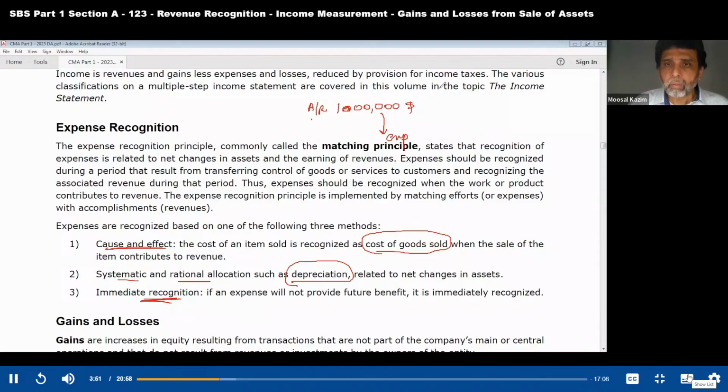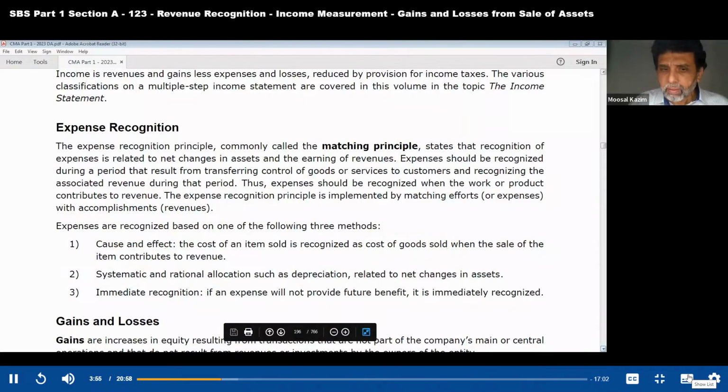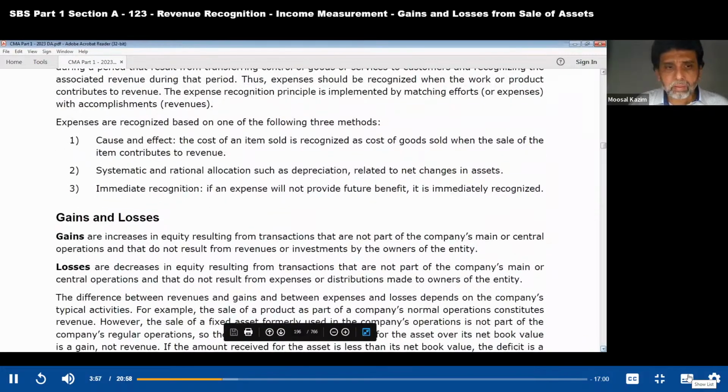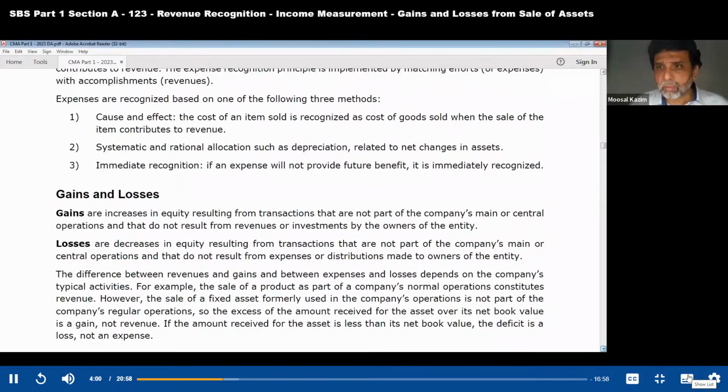Now, what are gains and losses? See, gains are amounts which increase the net income, also called equity, from transactions not the core transactions of the company. For example, a company might be selling garments, so that is their main business.